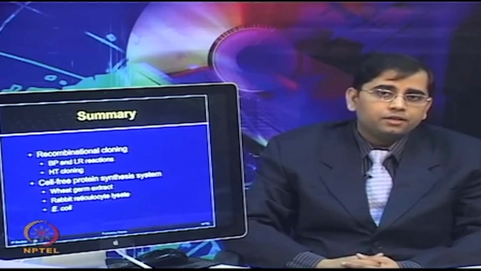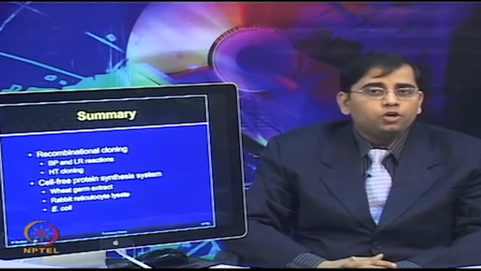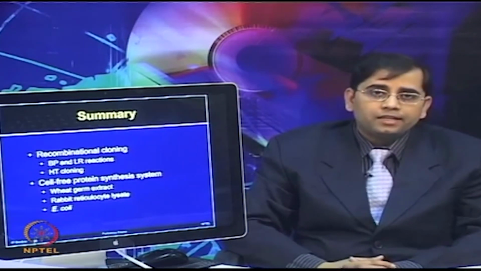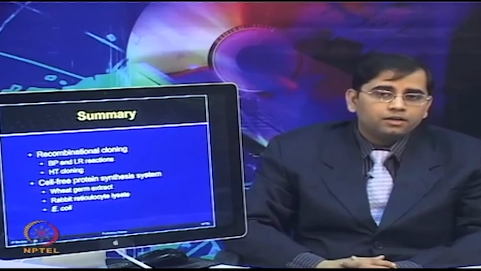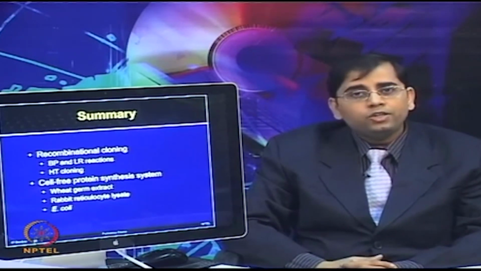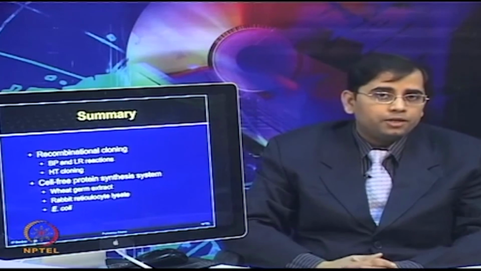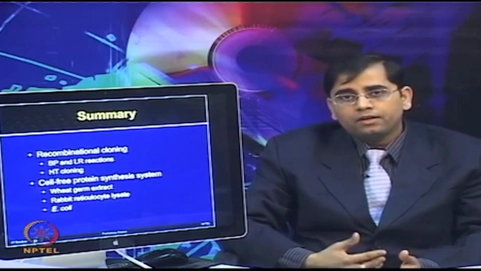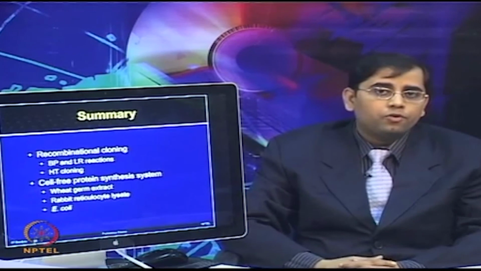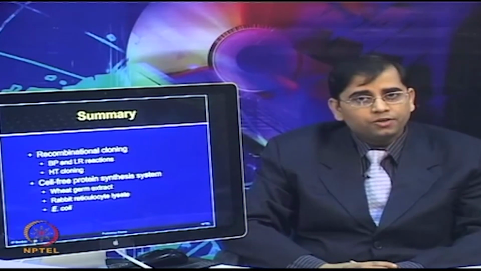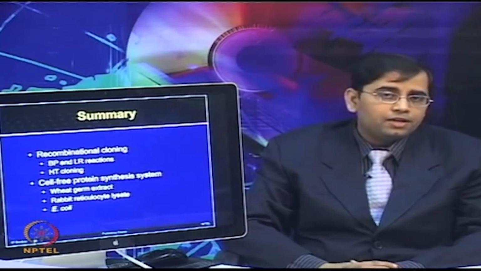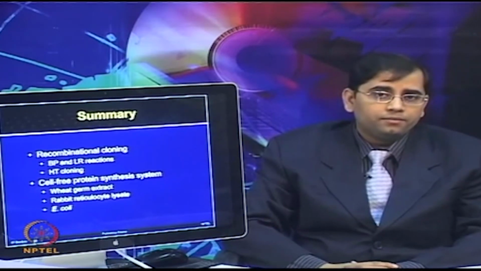In today's lecture, we have discussed recombinational cloning. We discussed various steps involved such as BP and LR reaction. We talked about how high throughput cloning can be performed. I walked you through some glimpses of pictures of the cloning process, and also showed you some animation for comparison of conventional as well as recombinational cloning.